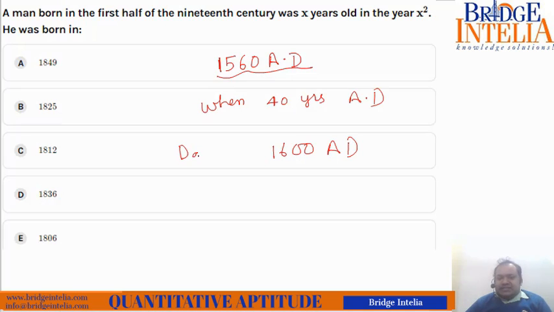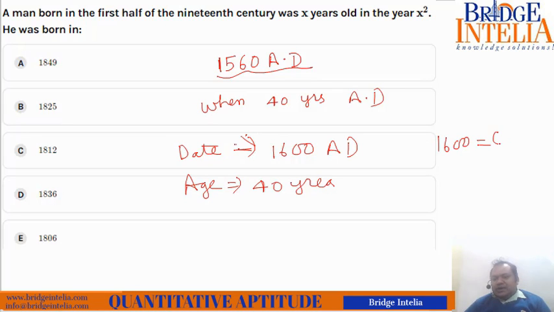So the date was 1600 AD and age was 40 years. So coincidentally 1600 is equal to 40 square. So he was X years old, he was 40 years old in the year 40 square.